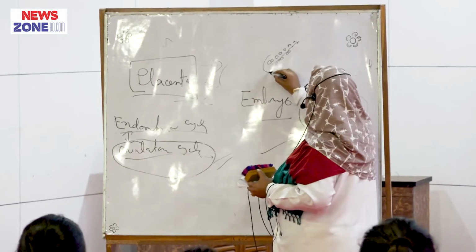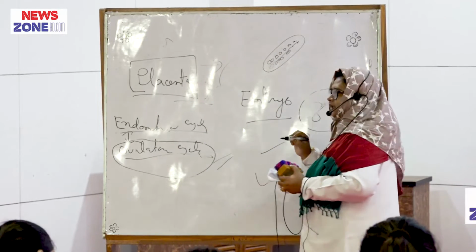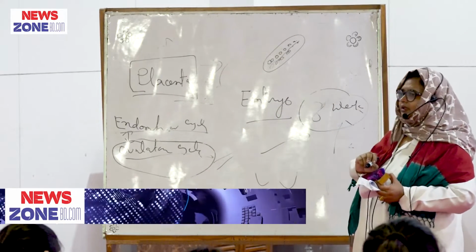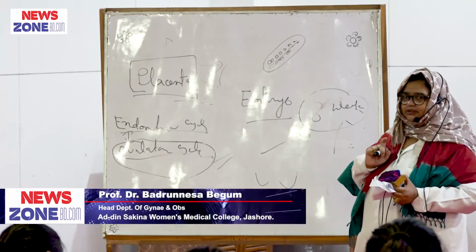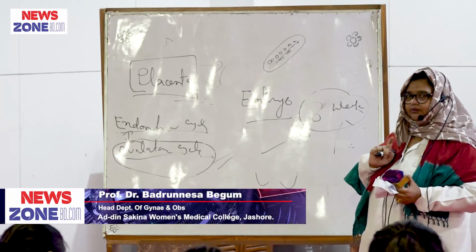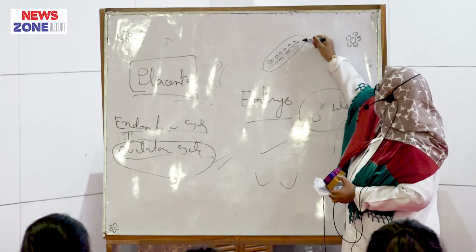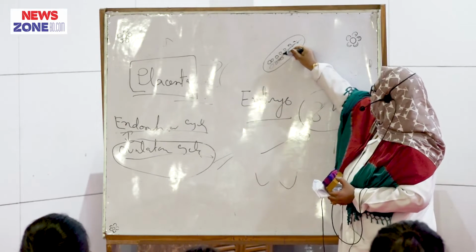In the inner cell mass, at first there is bilaminar germ layer. Okay? Can you memorize? Bilaminar germ layer is at first ectoderm and endoderm, right? Ectoderm and endoderm. In between, then another layer is formed, that is mesoderm.